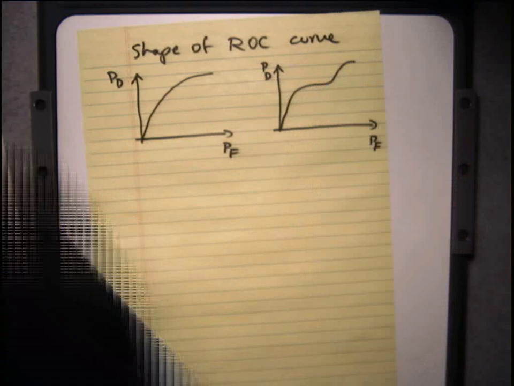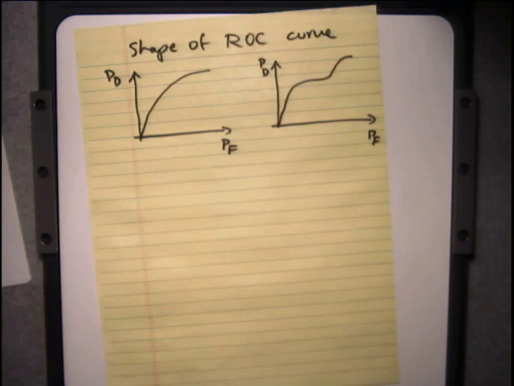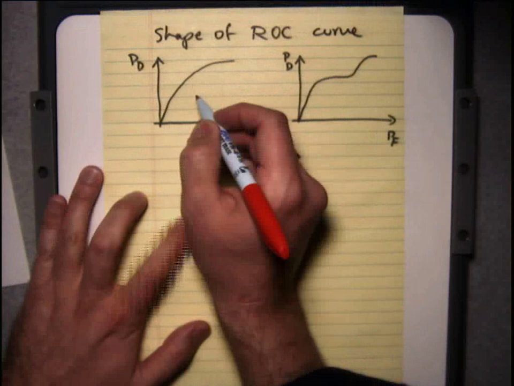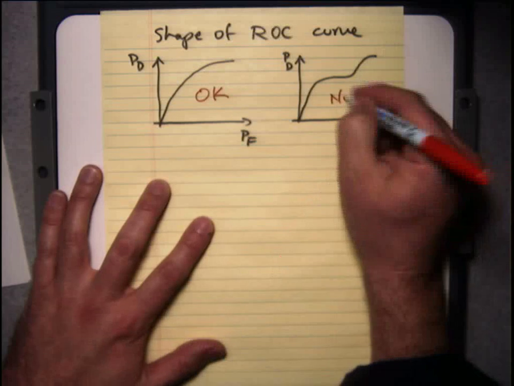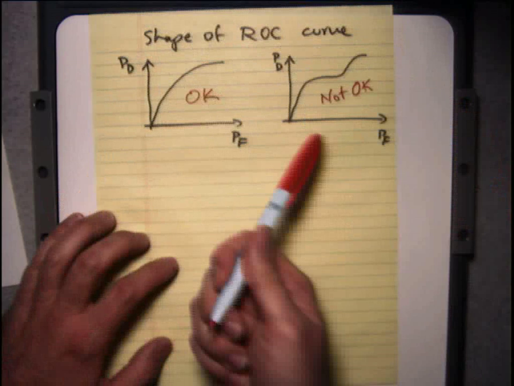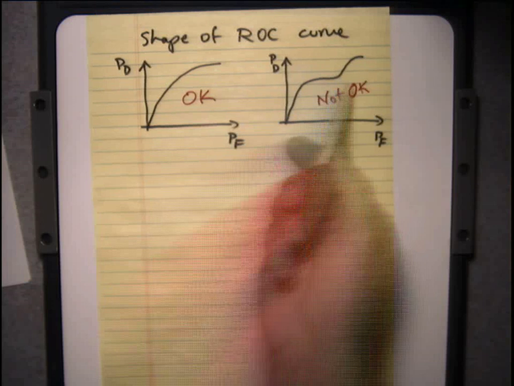Now, it turns out that ROC curves that you get from any kind of likelihood ratio test, like we've talked about so far, always have to look like this. This is okay. This is not okay. ROC curves computed from test statistics that are based on a likelihood ratio can never look like that.